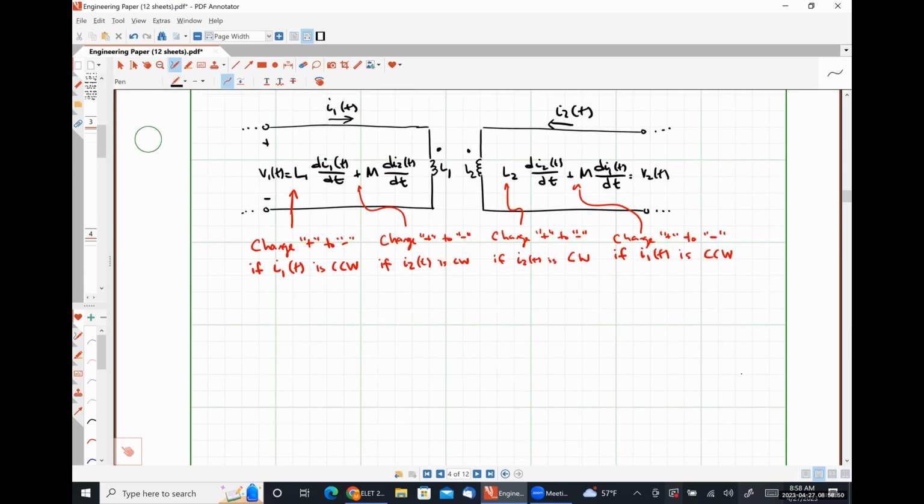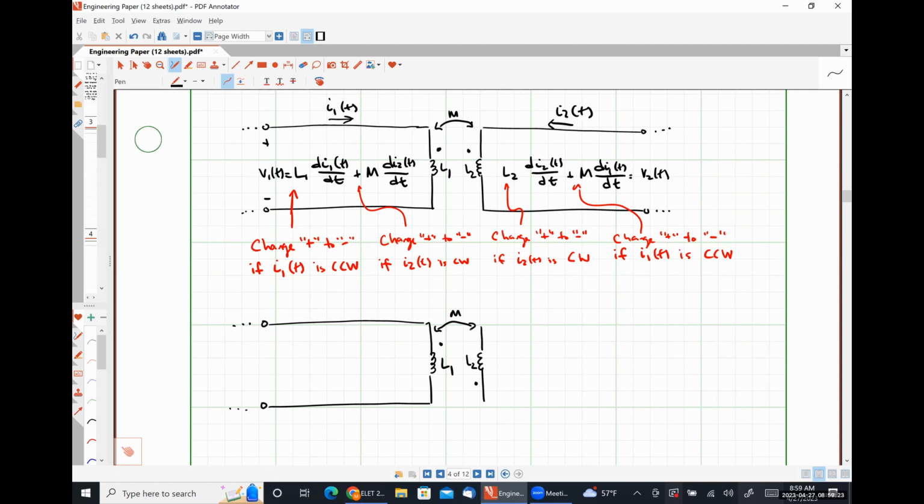We may also have the case where we see that our dots are on opposite sides. And excuse me, I forgot to explicitly state that these two are coupled.